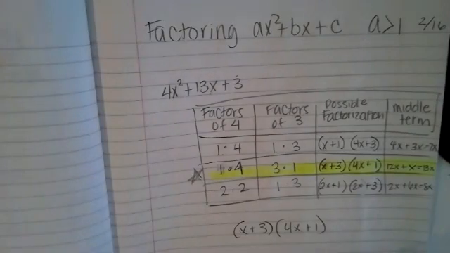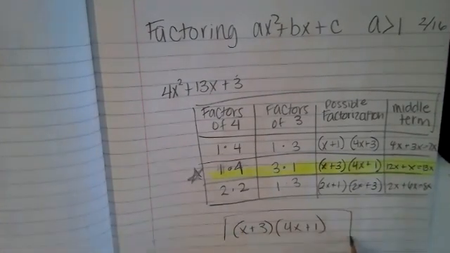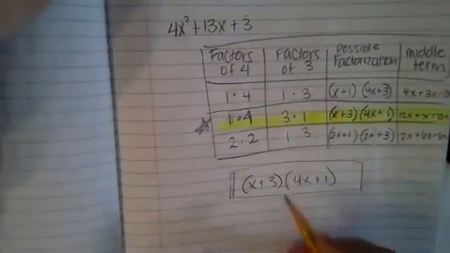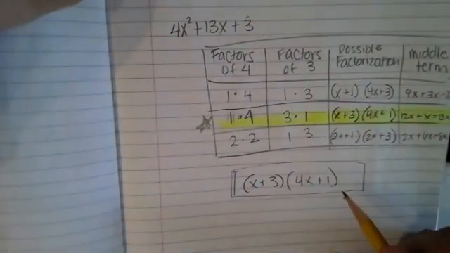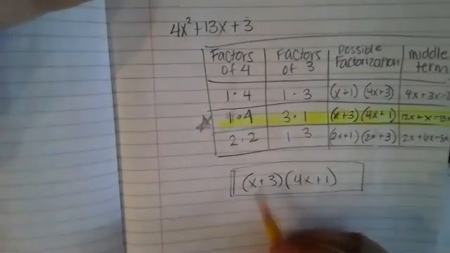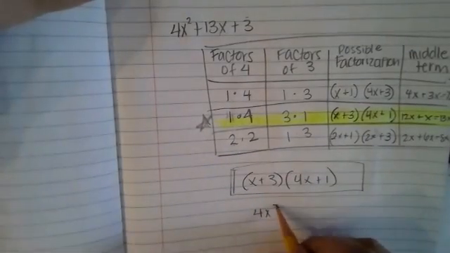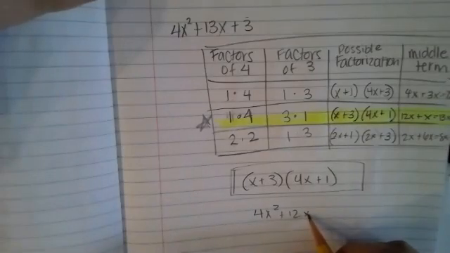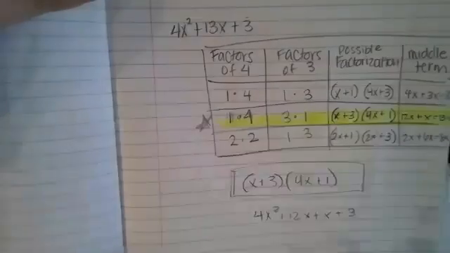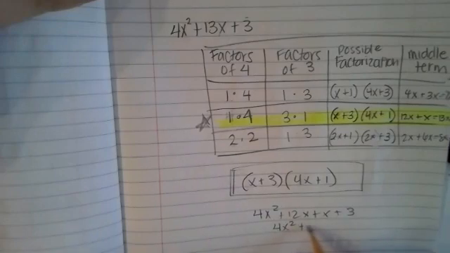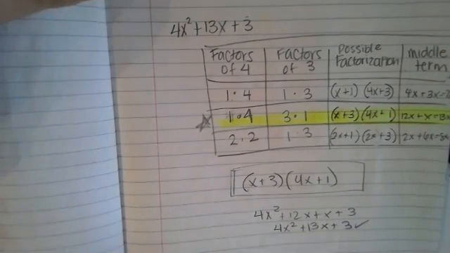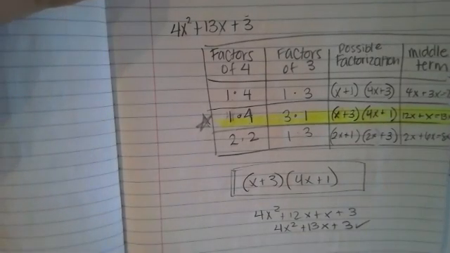I'm done. I've solved it. Okay, and then we can always go back and check. Remember, checking is important. I know y'all don't like to do it, but it is. So if I FOIL this back, this is 4x squared plus 12x plus x plus 3, which makes 4x squared plus 13x plus 3. So yes, it works out to be the same.